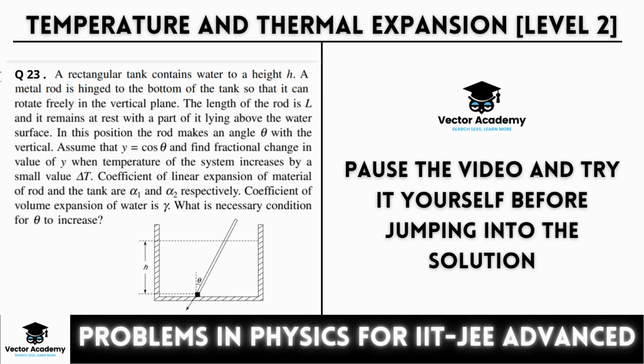Assume that y equals cos theta. Find the fractional change in the value of y when the temperature of the system increases by a small value delta T. Coefficients of linear expansion of the material of the rod and the tank are alpha 1 and alpha 2 respectively. Coefficient of volume expansion of water is gamma. What is the necessary condition for theta to increase?